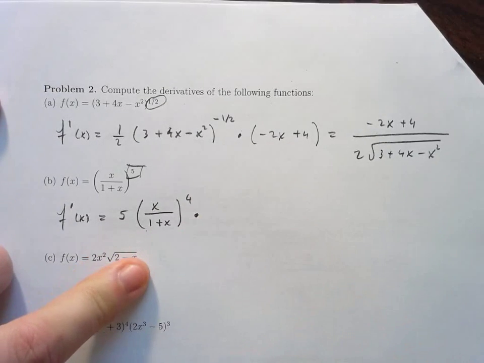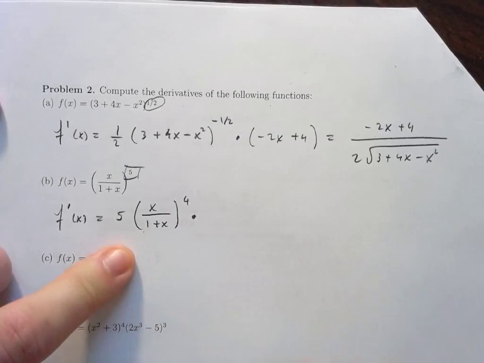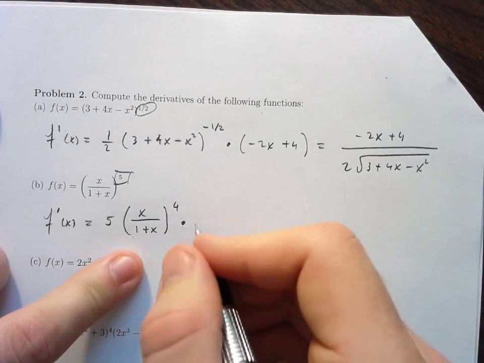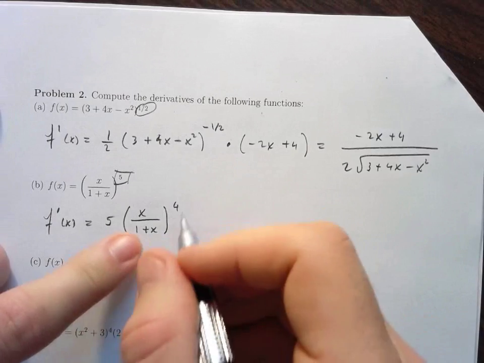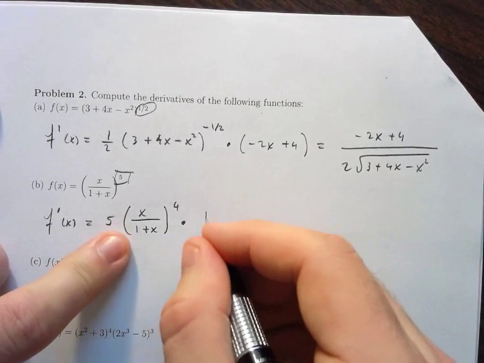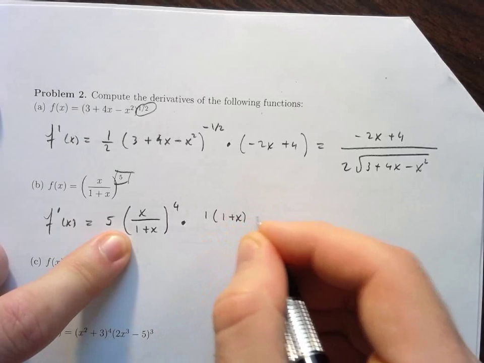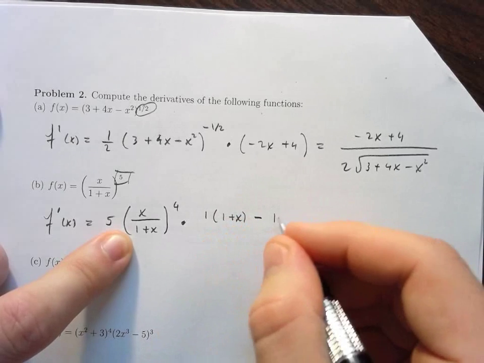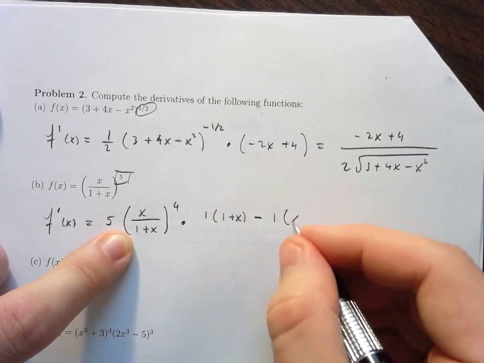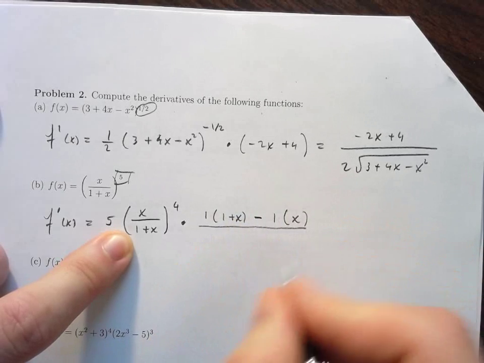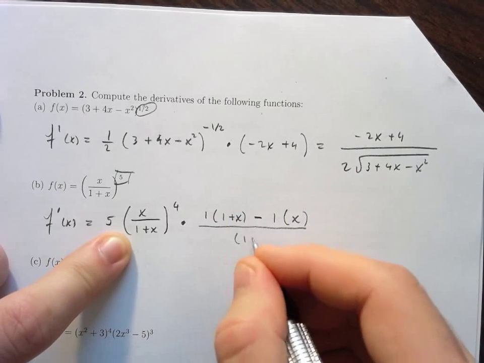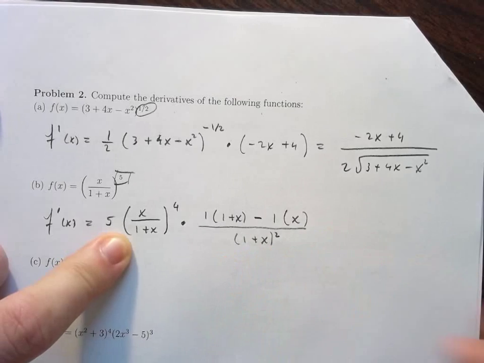And notice that's a fraction, so the way to take the derivative here is I can just use quotient rule, right? So I take the derivative of the top, 1, times the bottom, minus the derivative of the bottom, which happens to be 1 as well, times the top, all over the bottom squared, just like so.